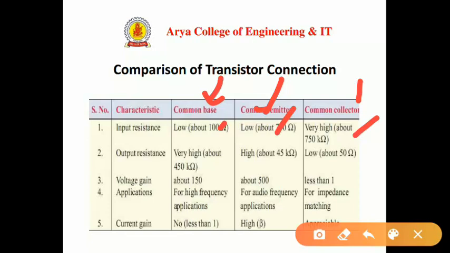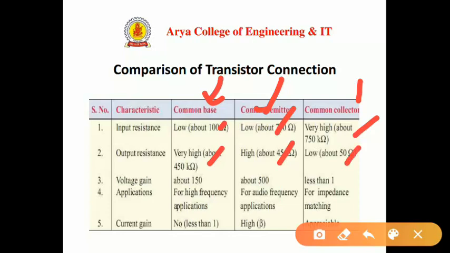If we talk about output resistance, it is very high in common base configuration, about 450 kilo ohm, and high in common emitter, about 45 kilo ohm, and low in common collector, near about 50 ohm.